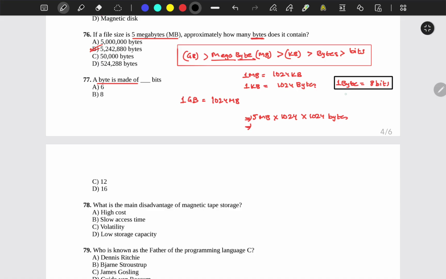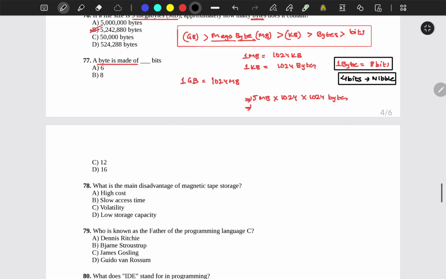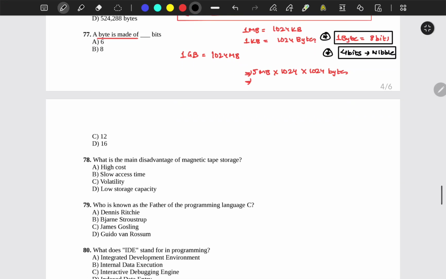And also 4 bits को जुन चाहिँ कलेक्सन हुन्छ त्यसलाई के भन्छ भने चाहिँ निबल. So they might ask 4 bit, 8 bits, 10 bits, 12 bits गरेर त्यसो सोध्न सक्छ. So remember this, okay. So the byte is made of how many bits? It is made of 8 bits.